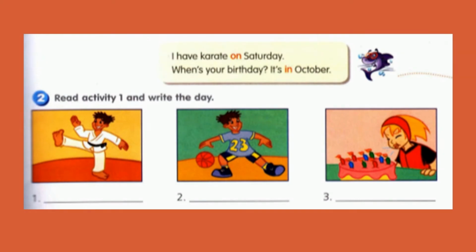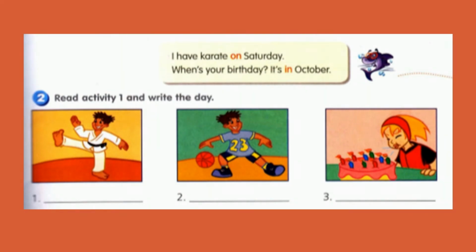Question 2. Read activity 1 and write the day. You can pause this video first as you answer the questions. Done?